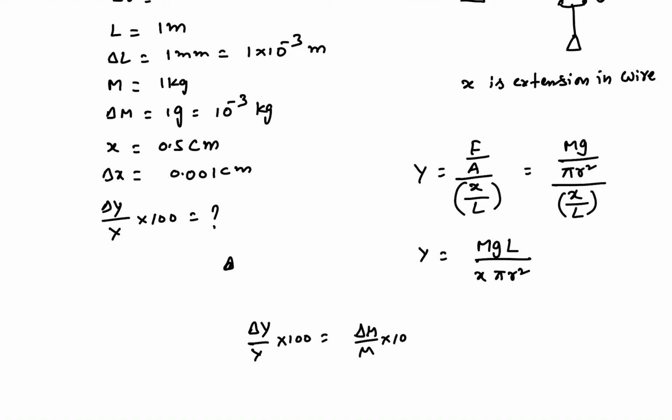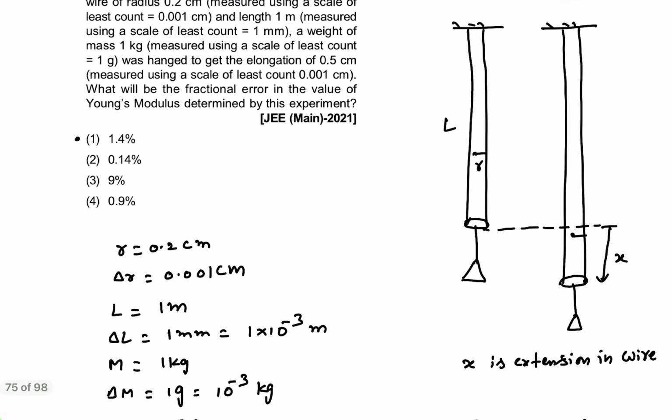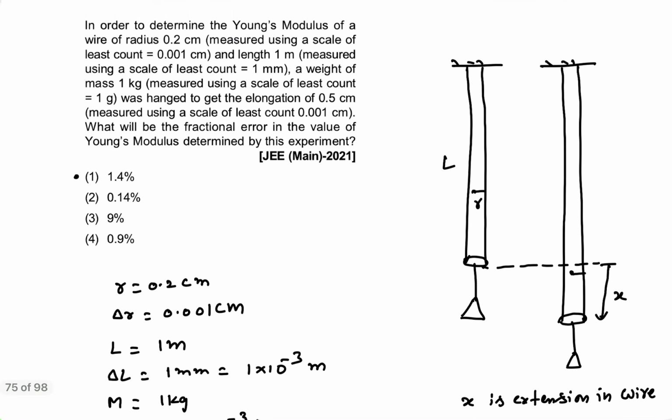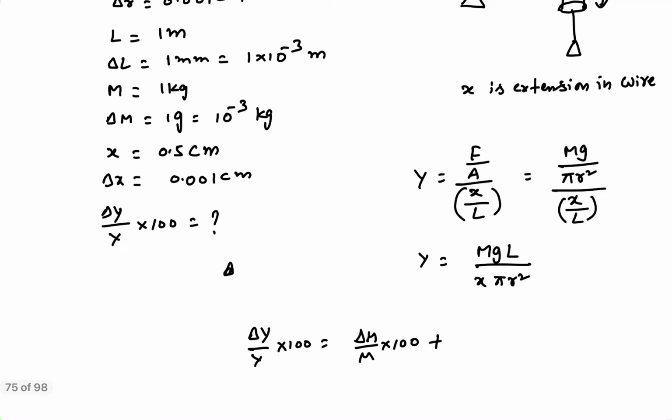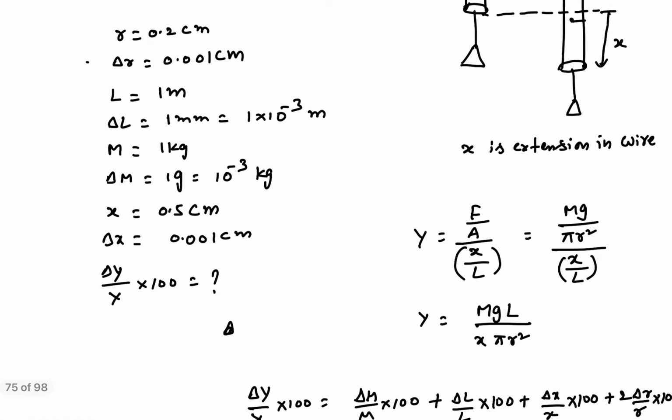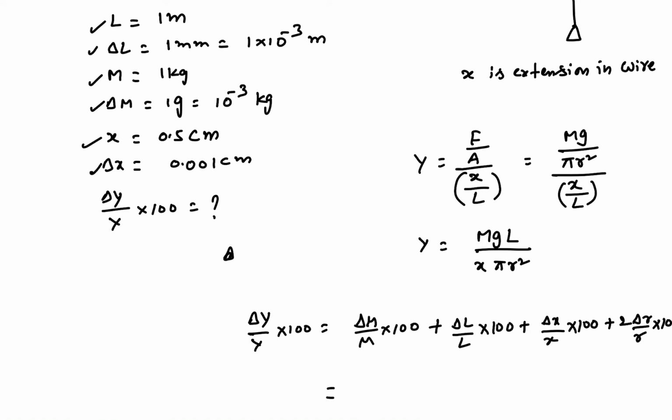If I write the percentage error in Y, delta Y by Y into 100 is equal to delta m divided by m into 100, plus, since they have not given an error in g, we can eliminate g. Next, delta L by L into 100, plus delta x divided by x into 100, plus 2 into delta r divided by r into 100.